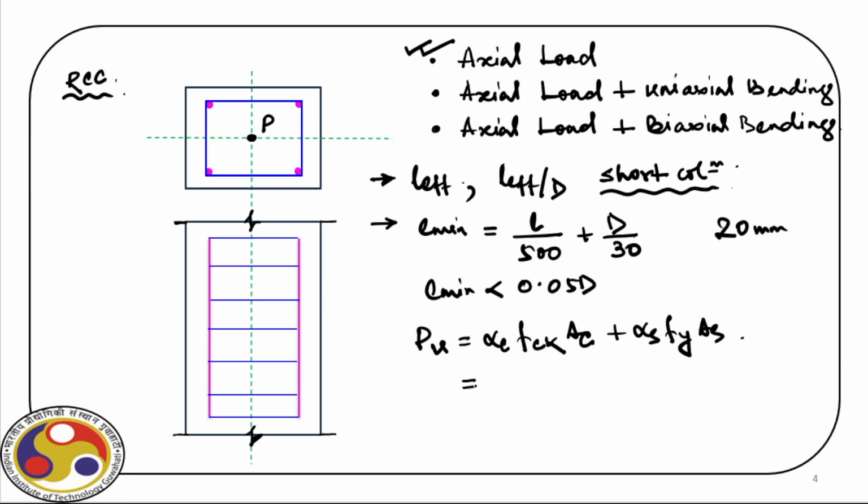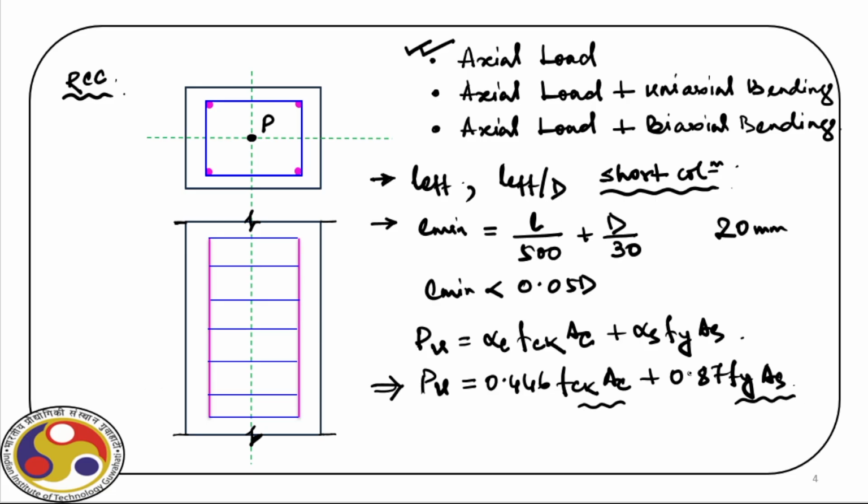So the value of alpha C is 0.446 FCK times AC plus, for steel, 0.87 Fy times AS. That is the capacity of the section, where we have a contribution from concrete and a contribution from steel.